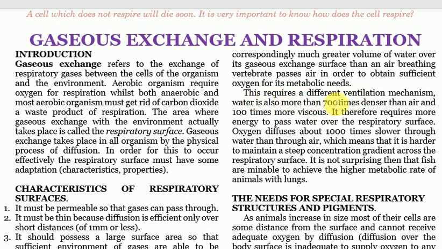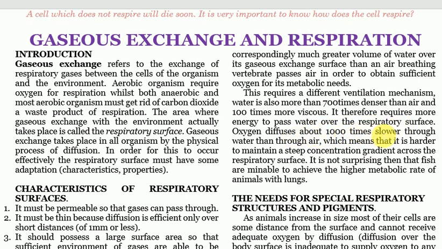Water is also more than 5 times denser than air and 100 times more viscous. So as you can see, the density and the viscosity of water are higher as compared with air. So this results in a different ventilation mechanism in aquatic animals as compared with the terrestrial ones. It therefore requires more energy to pass water over the respiratory surface.